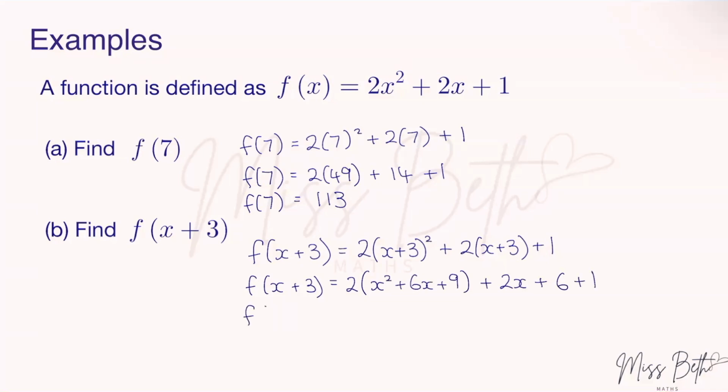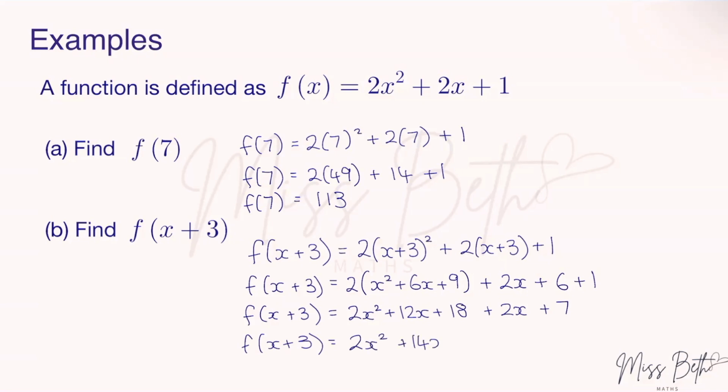So again, let's keep simplifying and multiplying out the first bracket now. So 2x squared plus 12x plus 18 plus 2x plus 7. So one more line of simplification would give us a final answer of 2x squared plus 14x plus 25.